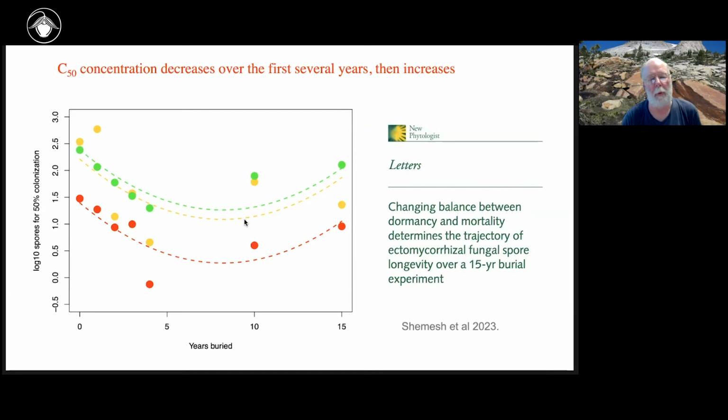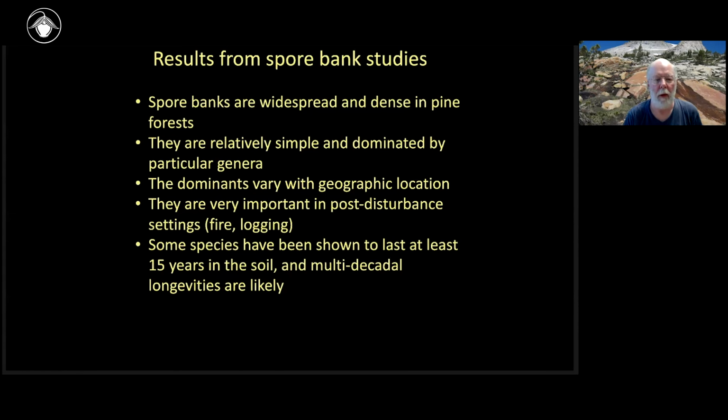And then at some point between year 5 and 10, it shifts, and we start to see greater mortality than dormancy break. So the quick answer is that they last at least 15 years. And from these trajectories, we could predict that it'll be a few decades before we lose colonization potential of these spores.